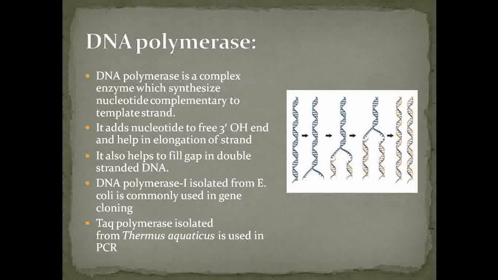This is one of the thermostable enzymes, and the most important property of that enzyme is to make the complementary strands and to elongate the strands. Basically, these DNA polymerases are isolated from the E. coli. And the Taq polymerase which is used in PCR is isolated from the Thermus aquaticus.